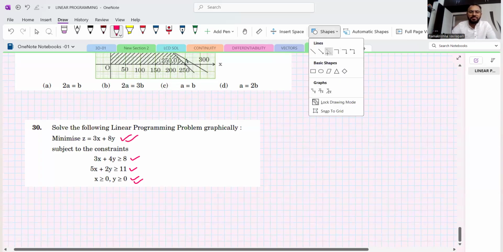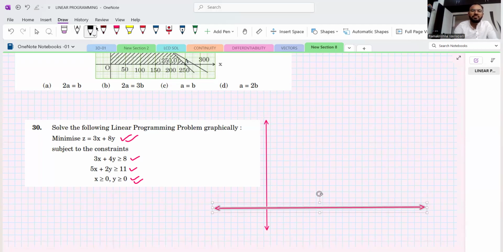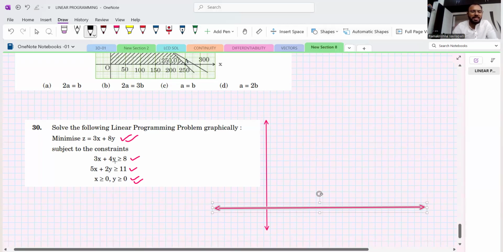So the very first one, 3x plus 4y greater than or equal to 8: x-intercept is 8 by 3, y-intercept is 2. This one.